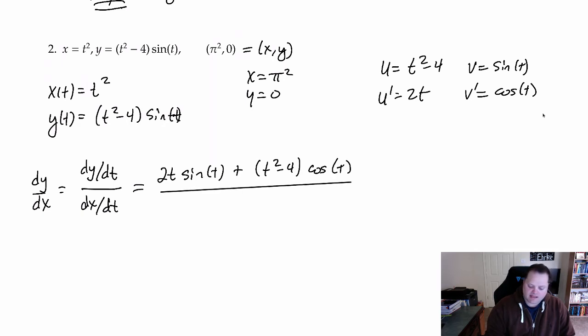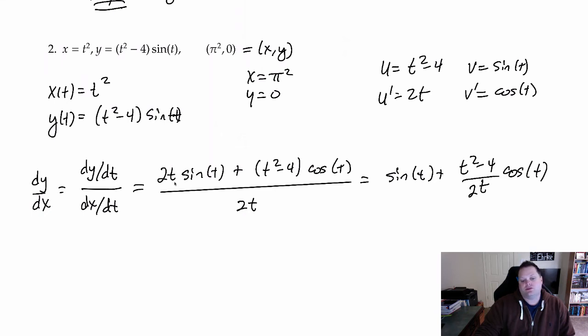Divided by dx/dt, which is the derivative of t squared, which is 2t. So this is just sine t plus t squared minus 4 over 2t, I believe, times cosine of t.